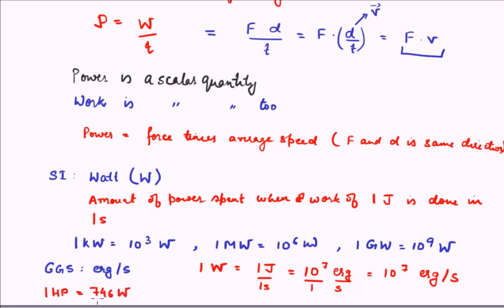So when someone says an engine has a power rating of 1 horsepower, that would mean that it has a power rating of 746 watt, or 0.746 kilowatt.